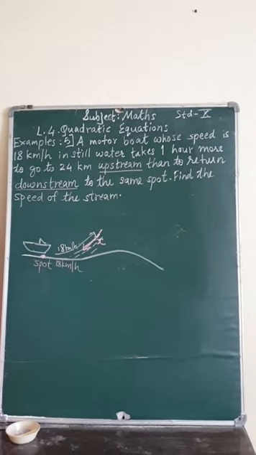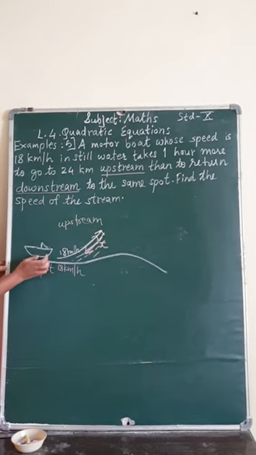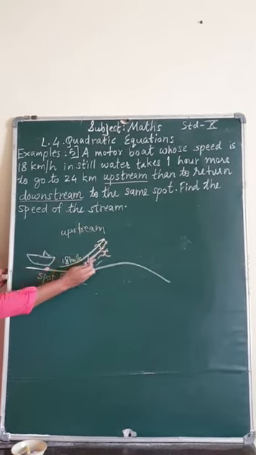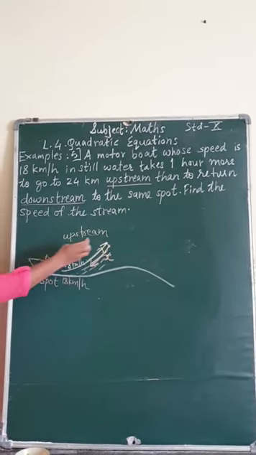While going upstream, the speed of the stream is subtracted, so the speed will be 18 minus x. Because it is going upstream, the speed decreases. It should be less than 18 km per hour, and that we get by 18 minus x.